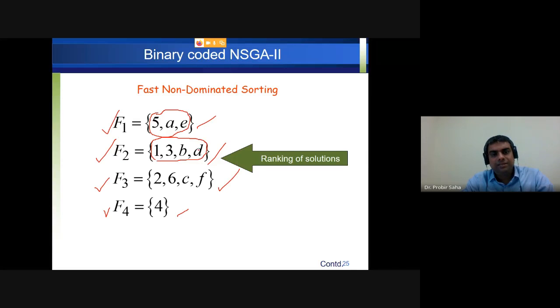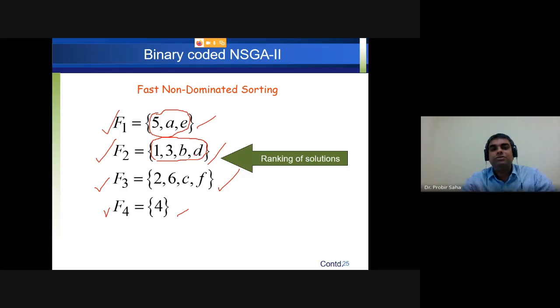If you add 3 plus 4, that becomes 7. How many do I require? Only 6. I cannot take 7, so I have to make a decision. Out of these 4, which 3 should I take? That is the importance of the crowding comparison operator. The crowding distance will tell you which one, because they are lying in the same rank.